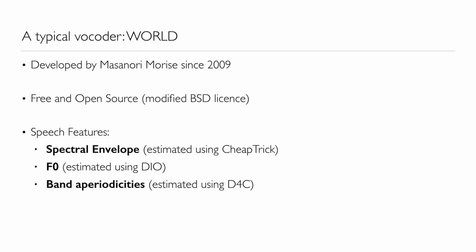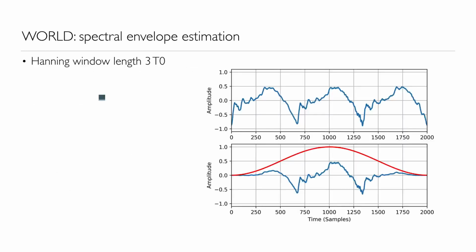So let's talk about how it extracts the first feature, which is the spectral envelope. First of all, it takes the waveform. Let's think about the waveform inside utterances, complete utterances, and this is split into chunks with a length of 3 pitch periods.